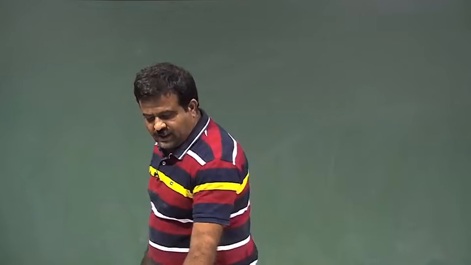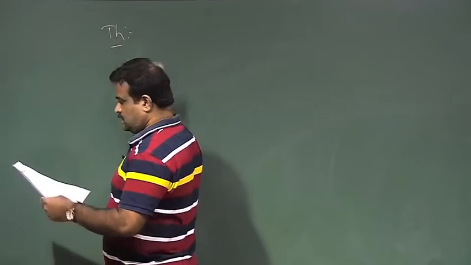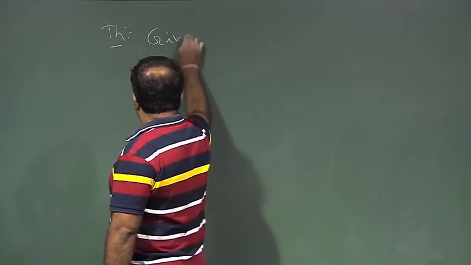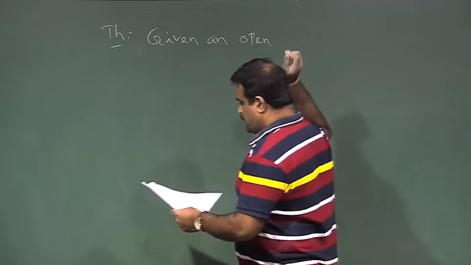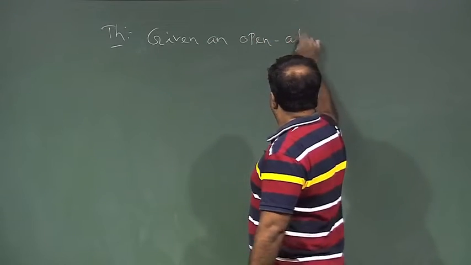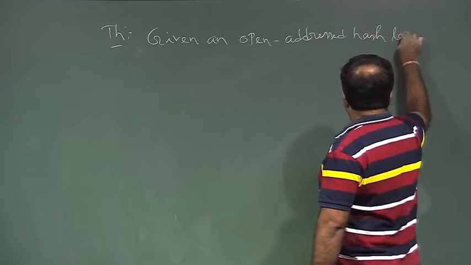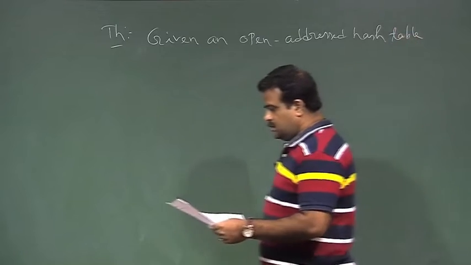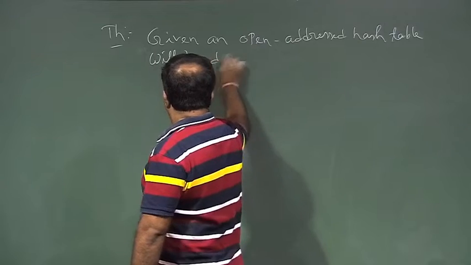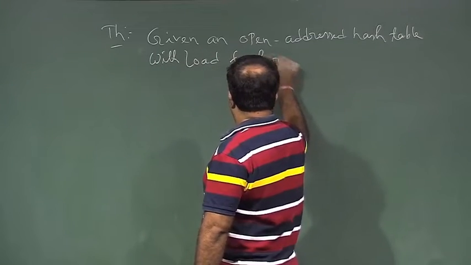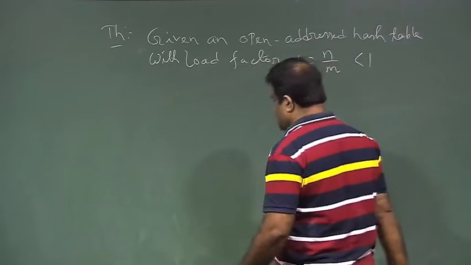The theorem says: given an open address hash table with load factor alpha, which is basically n by m, and this has to be less than 1.